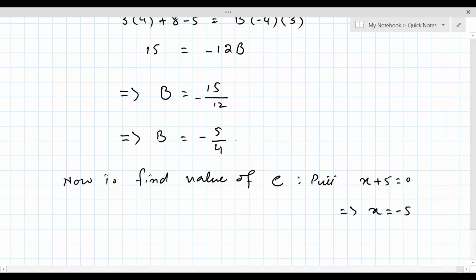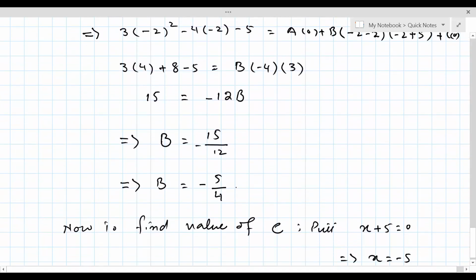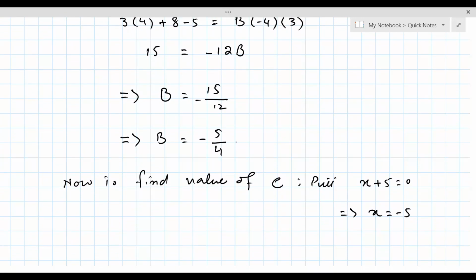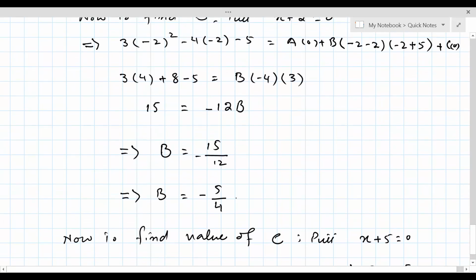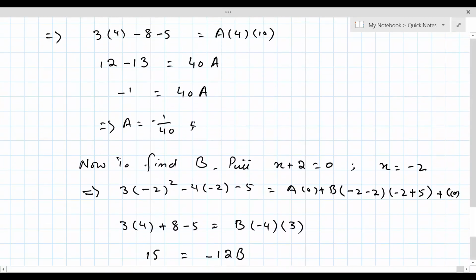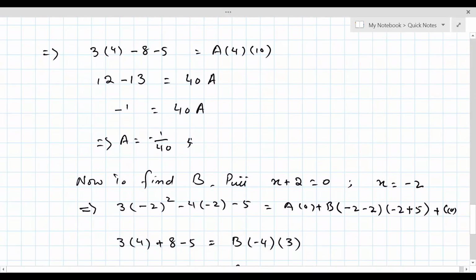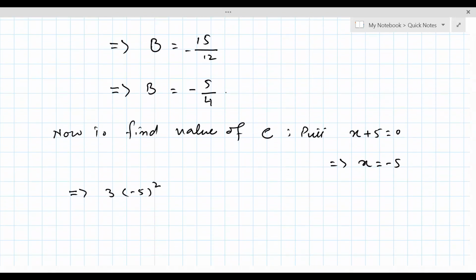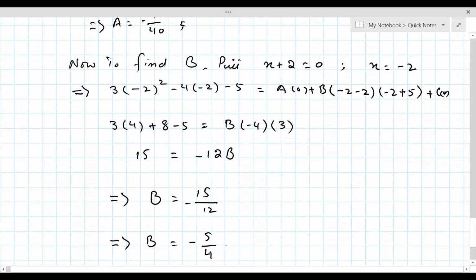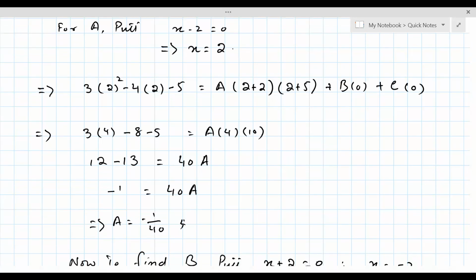So if that is the case, then we'll have 3 into minus 5 square plus minus 4 into minus 5 minus 5.